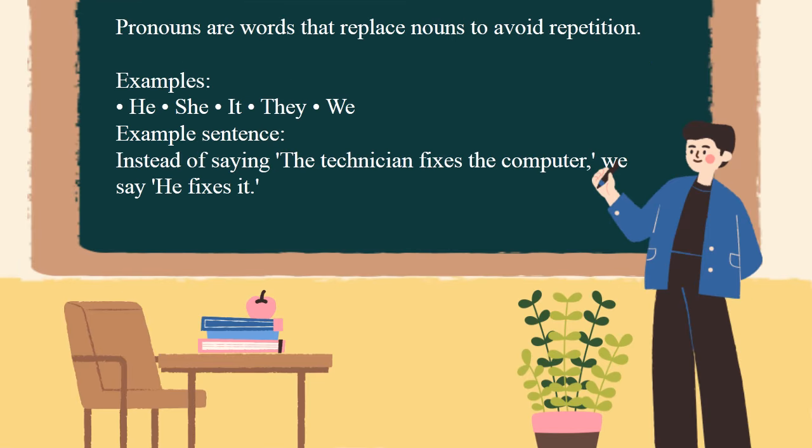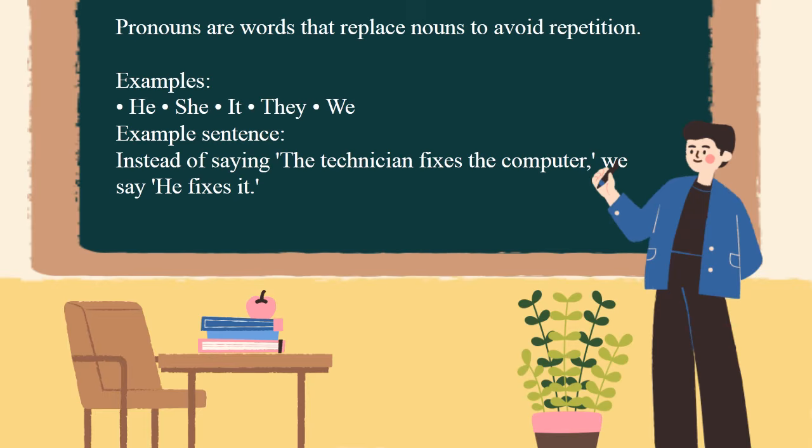Now let's move to the next, which is pronouns. What are pronouns? Let's look at them. Pronouns are words that replace nouns to avoid repeating them when you are speaking or writing.